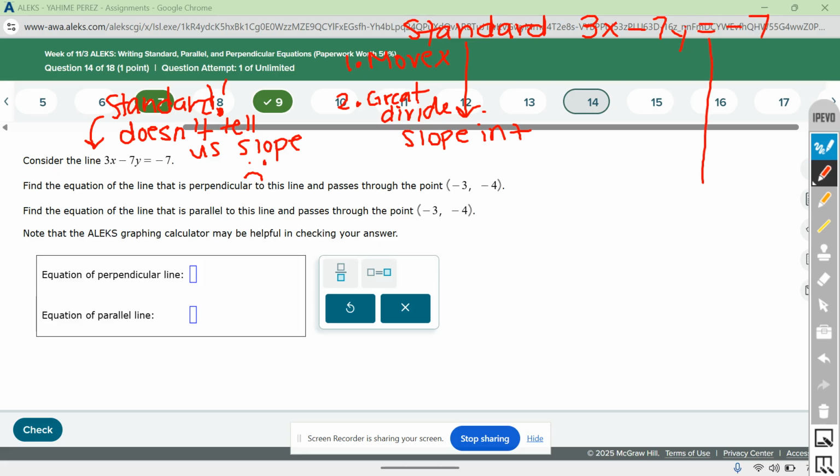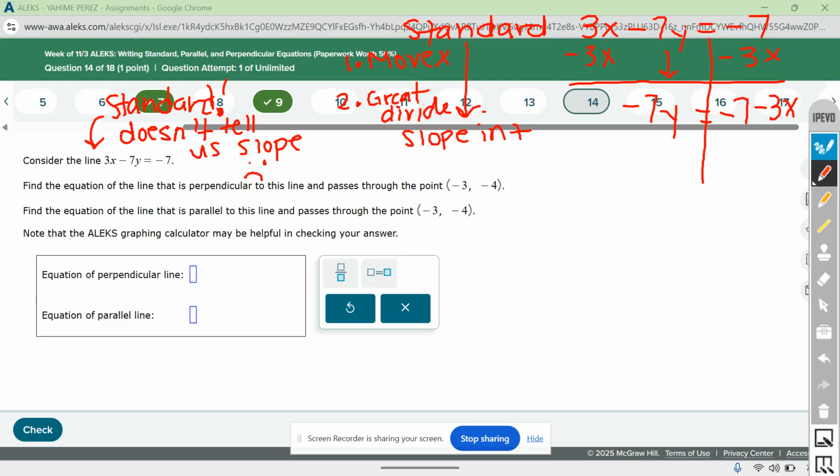So if I'm solving for y, I'm going to move the 3x by getting rid of the 3x on the left. So if I want to get rid of the 3x, I'm going to subtract 3x on both sides. I'm going to be left with negative 7 minus 3x.